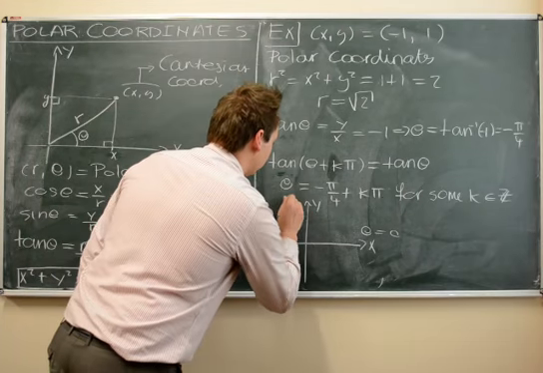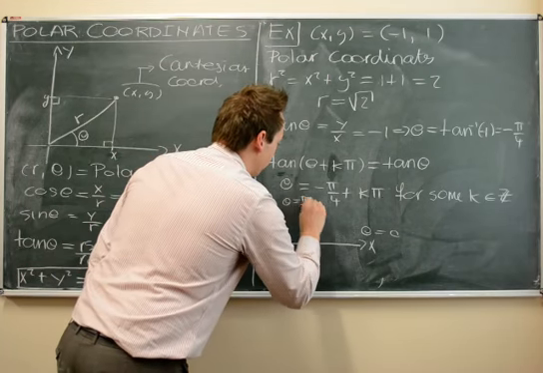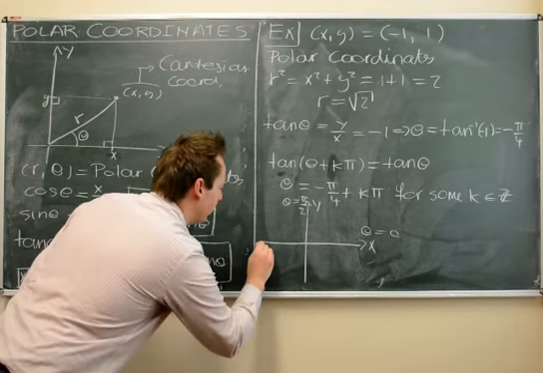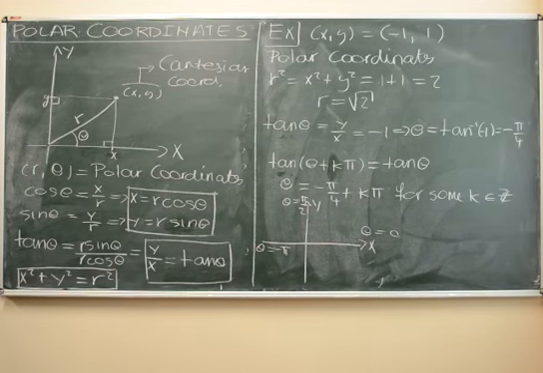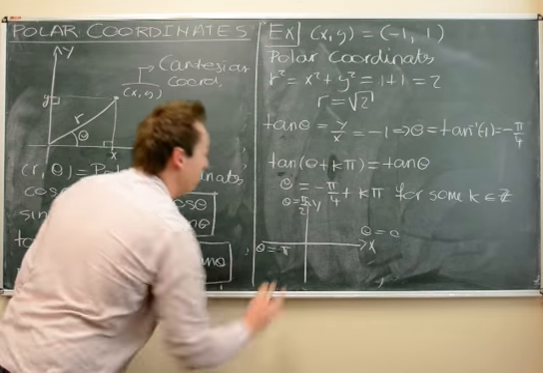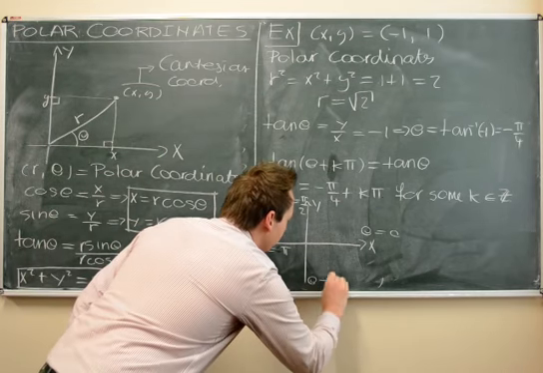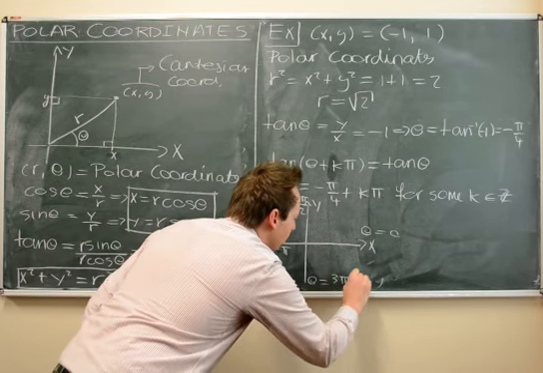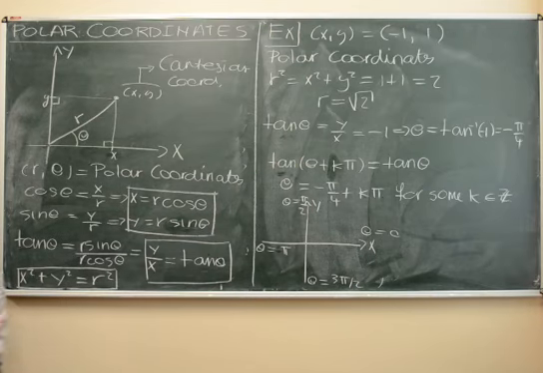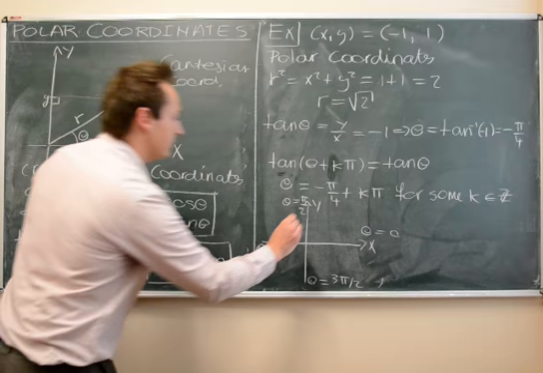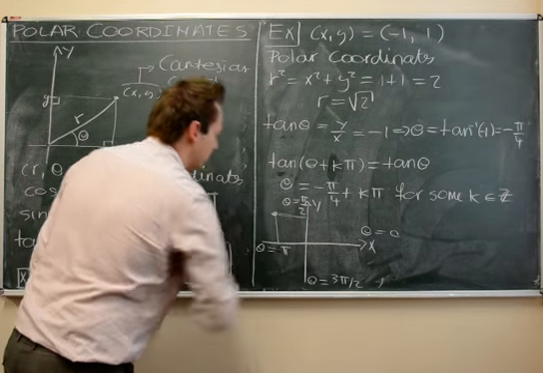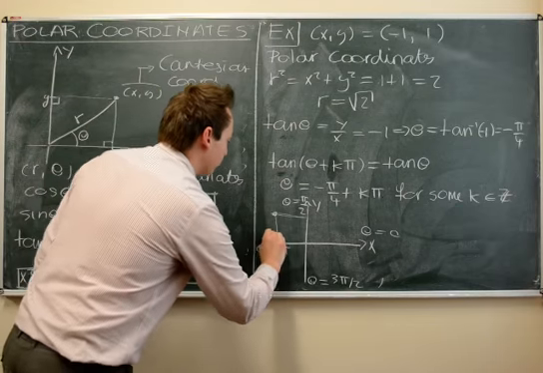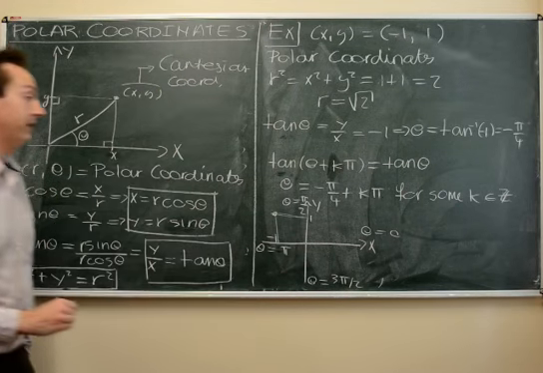So here we have theta is pi over 2, and the negative x-axis where theta equals pi. And here we have theta is 3 pi over 2. Now where does our point sit? Our point sits over there, at x equals minus 1, y equals 1.